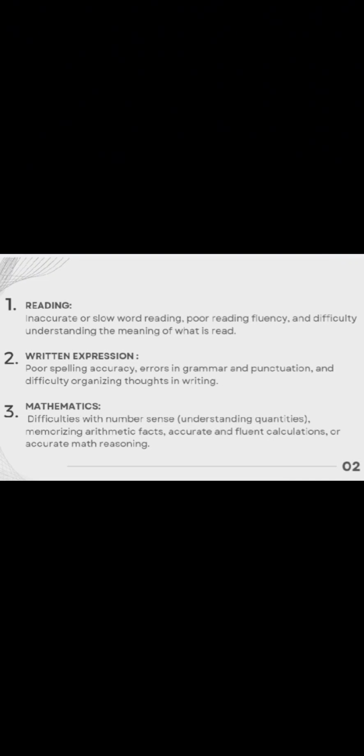Next is mathematics, of course: difficulties in understanding numbers and quantities, challenges memorizing math facts, and problems with calculation and math reasoning. So those are the areas that the specific learning disorder affects.